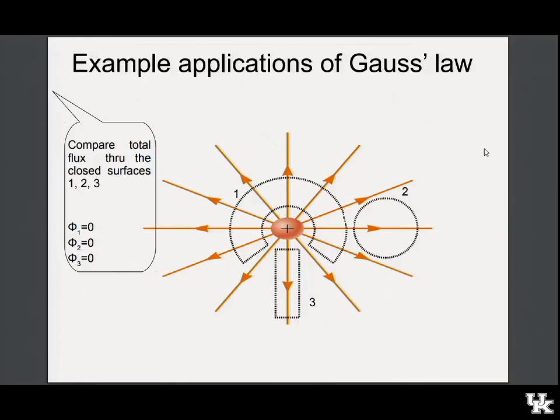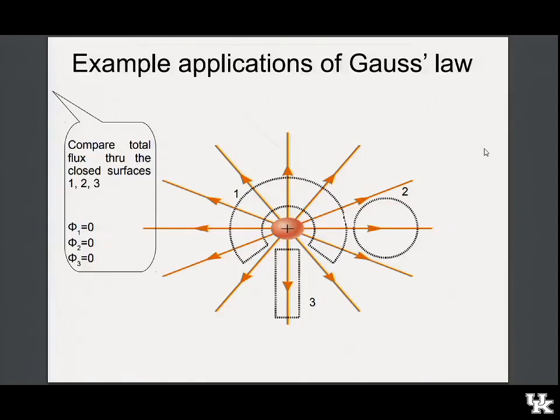The field is strong near the charge, weak far from the charge, and the direction is radially outwards. And then we're seeing three closed surfaces. This one is horseshoe shaped, this one labeled 2 is, say, a sphere, and this rectangular one is labeled 3. So there are three surfaces in this field.